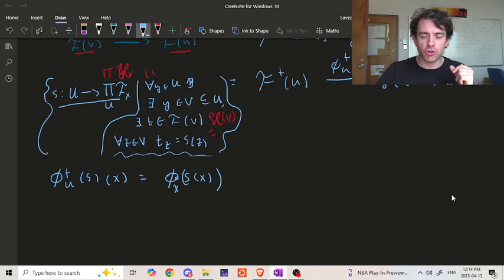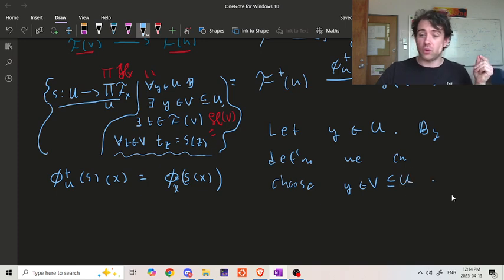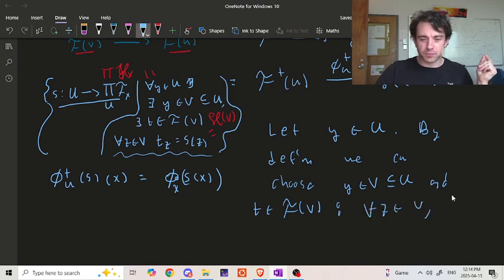So let y be some element of U. Well, by the definition of F plus of U, we can choose an open set V, which is sandwiched in between y and U, and some section t of F over V, such that for all points z in V, the germ of t at z is equal to the value of the function s at z.